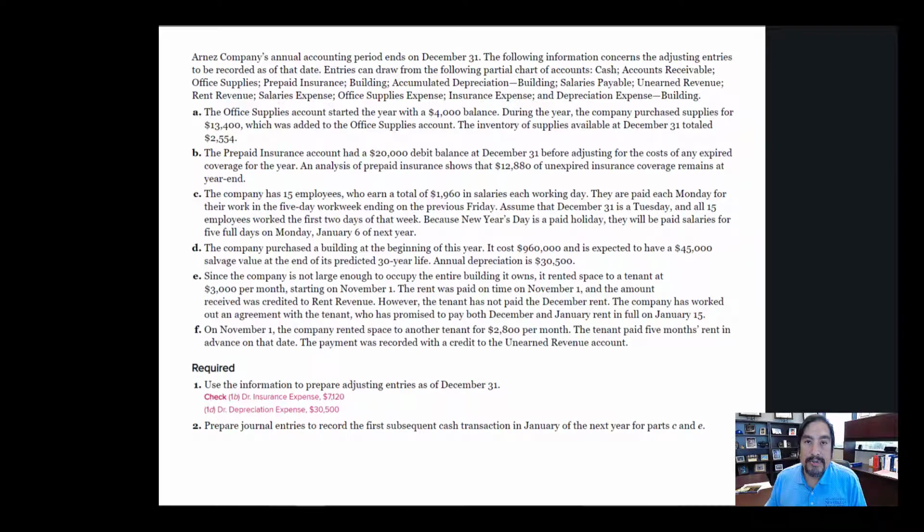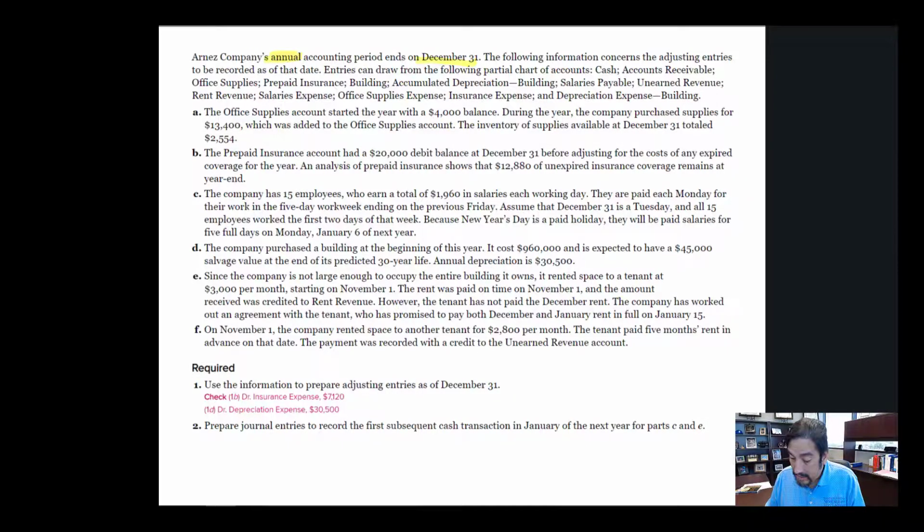This is the Chapter 3 in-class problem. So we've got an annual accounting period that ends on December 31st, which means we are doing adjusting journal entries for the entire year.